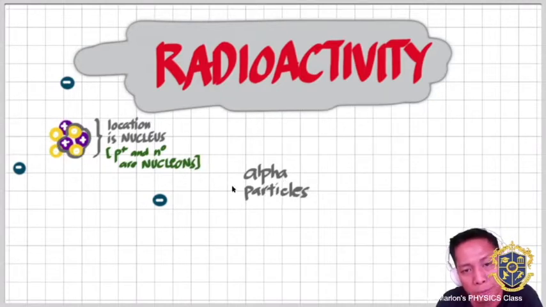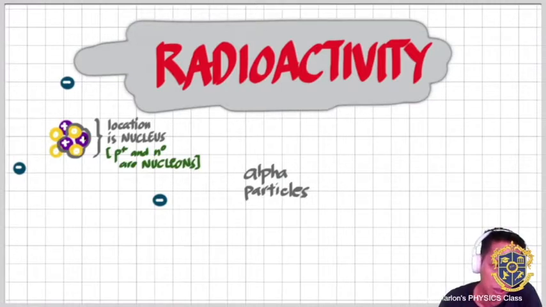But alpha particles are usually ejected from the nucleus of a very heavy particle. Imagine this is a heavy particle. 2 neutrons plus 2 protons will be ejected, coming out like one particle, and that particle is called an alpha particle.